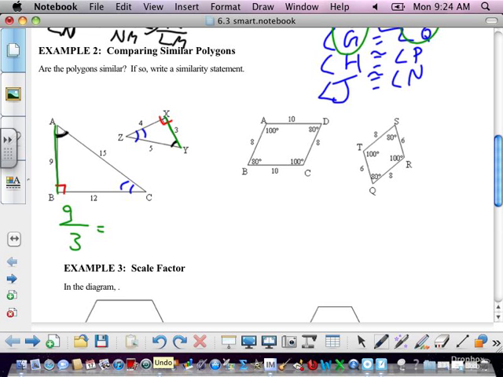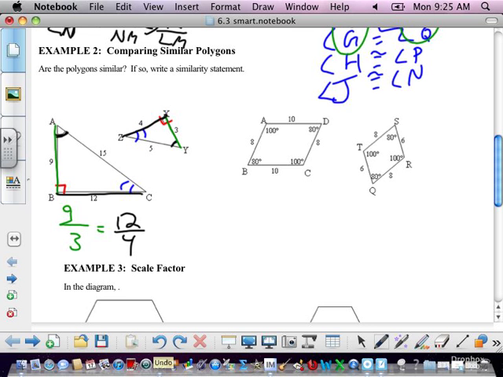What about B to C? What would be corresponding from B to C? X to Z. So that's 12/4. See how I'm always putting the big one over the little one? It doesn't matter as long as it's always big over little or always little over big.